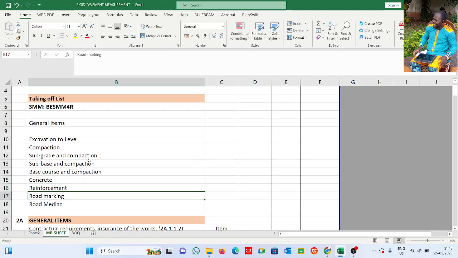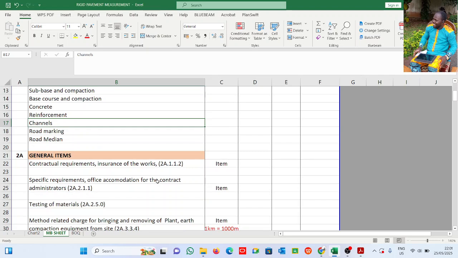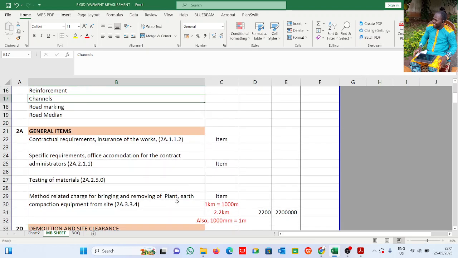Then the road marking and the road median. Also not forgetting to include the channels, which are used for formwork for the rigid pavement. Now these are the general items.